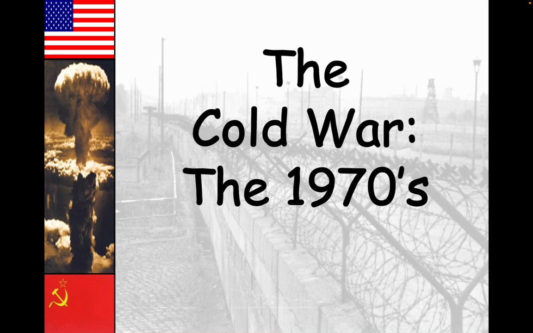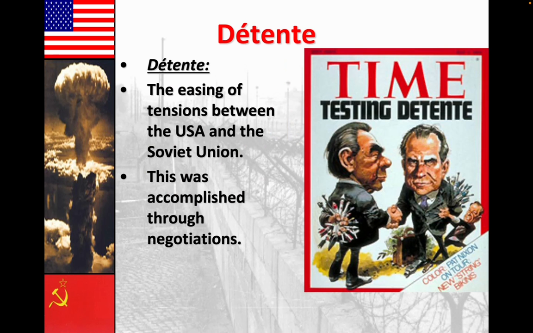Vietnam really drags on throughout the 60s, causing a great deal of protest. And in the 70s, we're going to see another change in the Cold War. We see the emergence of what is known as détente, the easing of tensions between the United States and the Soviet Union.